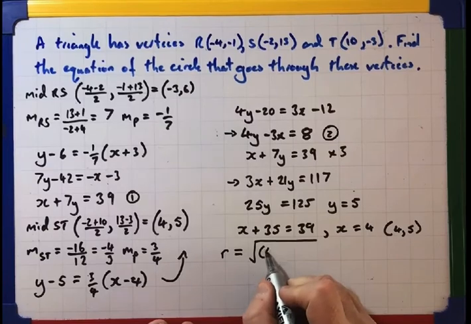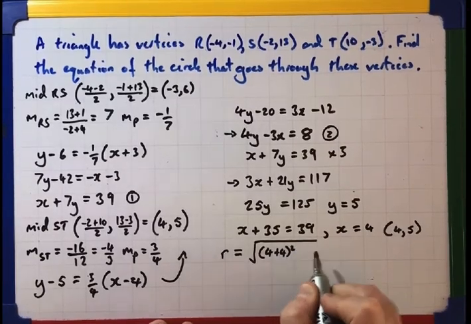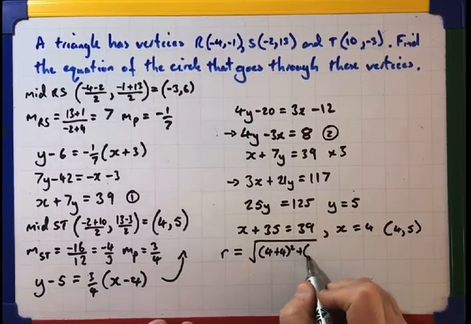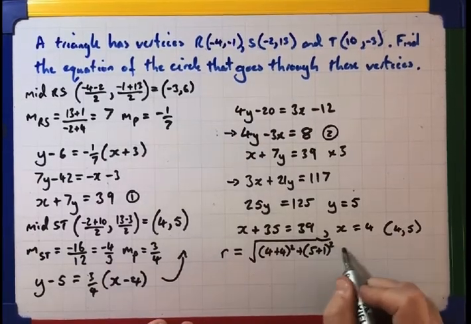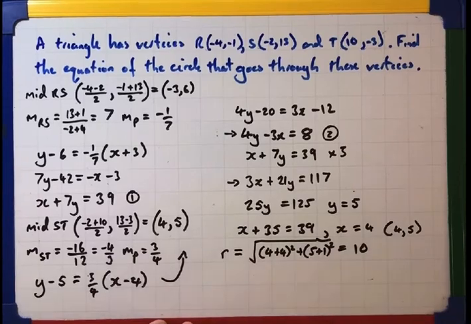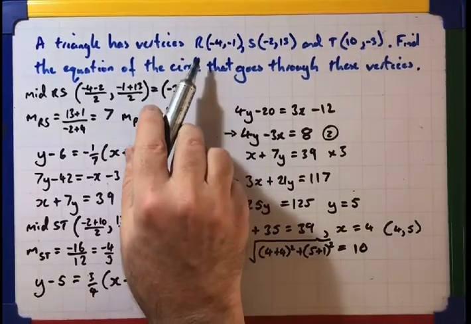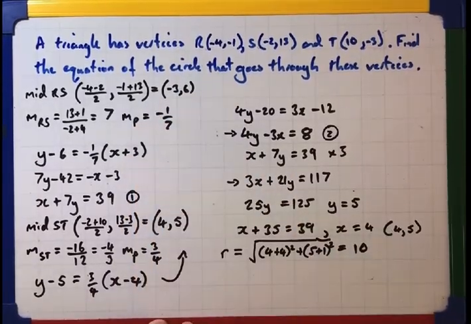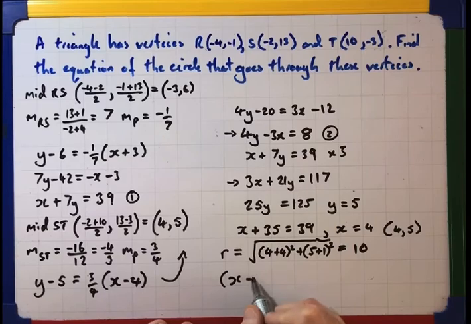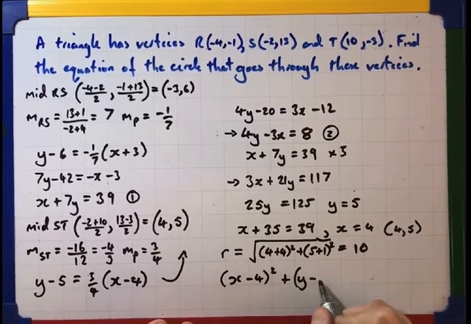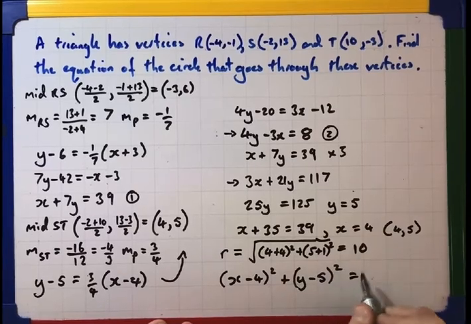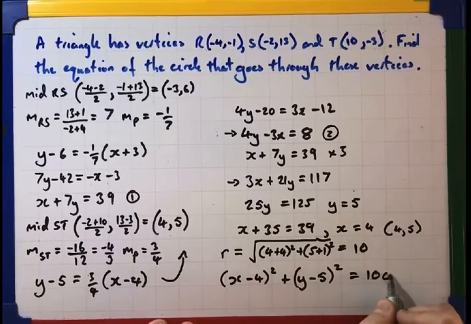So you've got 4 plus 4 squared plus 5 plus 1 squared. That gives me 10. Okay, that was just going from R to the centre. Radius is 10. So we know x minus 4 squared plus y minus 5 squared will be equal to 10 squared, which is 100.